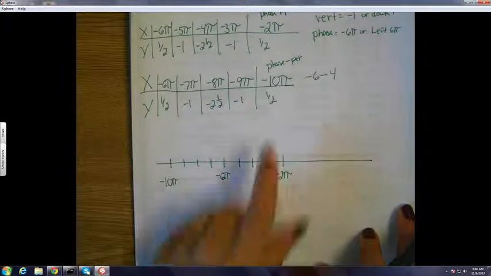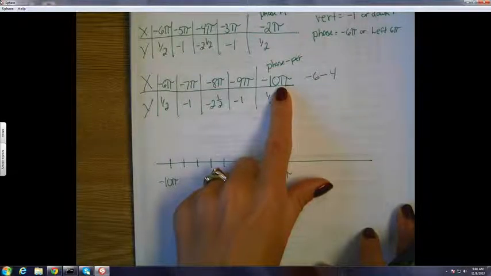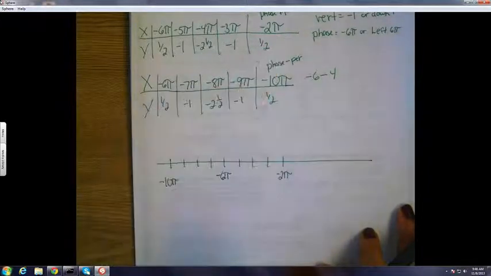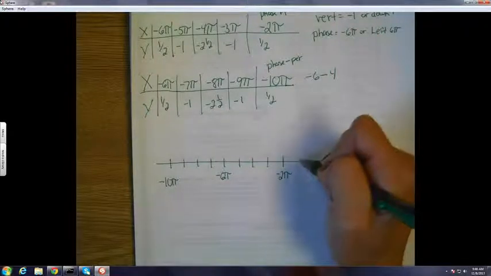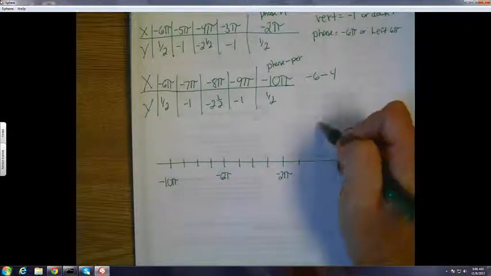So that's as far to the left as I go. And the farthest to the right is the negative 2 pi. Okay, where's my y-axis at? Yeah, I gotta go here. This would be negative 1. This would be my y-axis here.